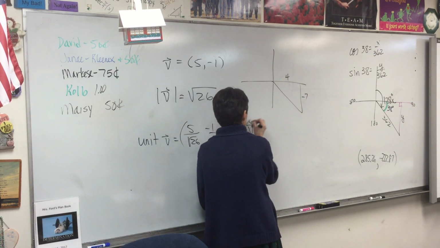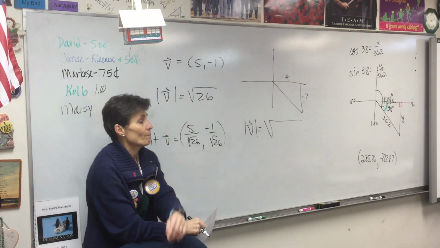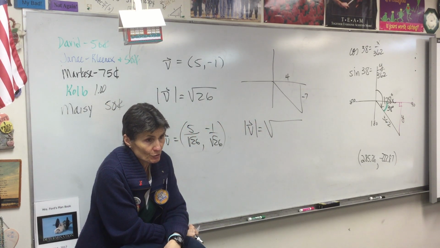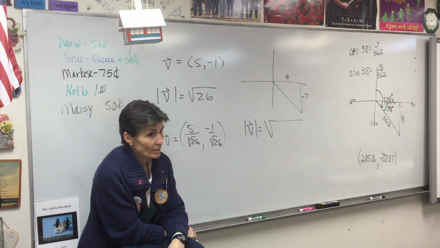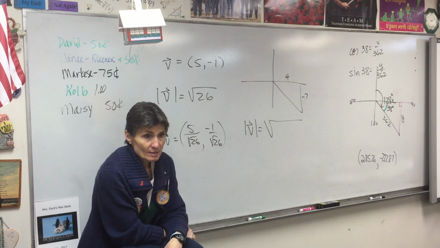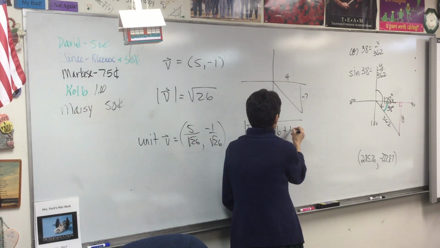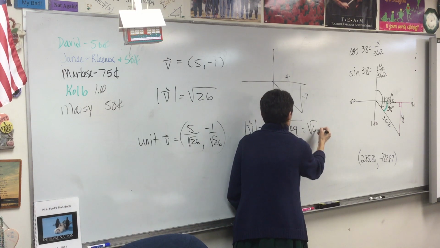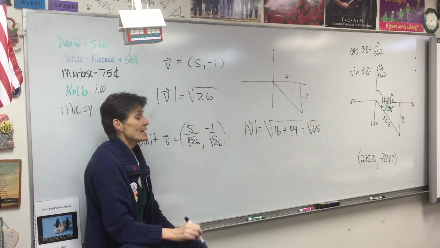The magnitude is easy. Don't be missing the magnitude part. How do you find magnitude? Square, square, add them up and square root. So 16 plus 49, root 65, that's your magnitude.